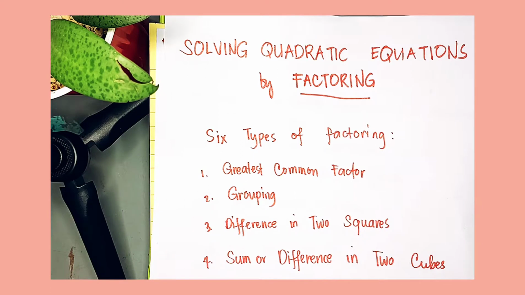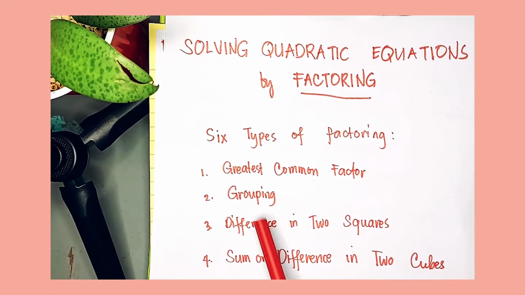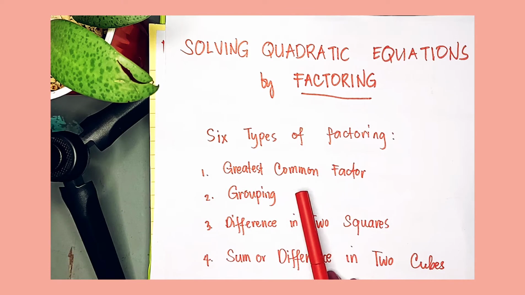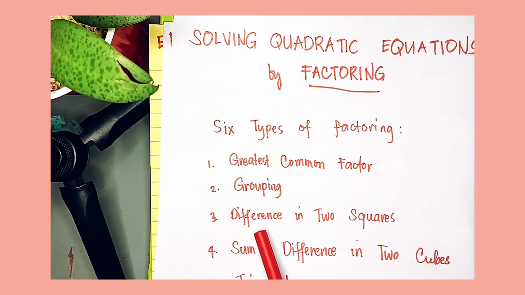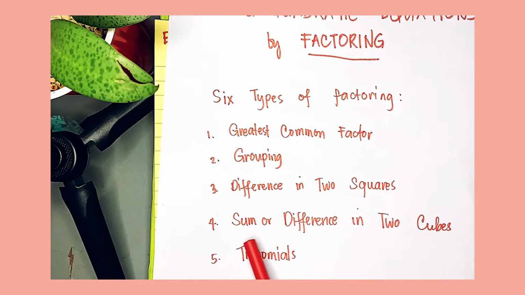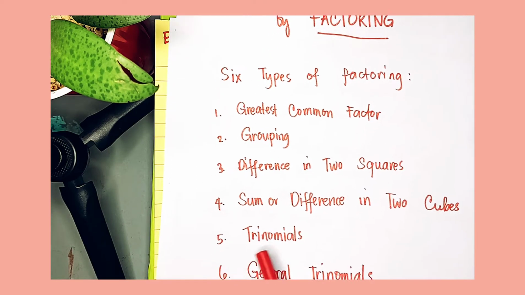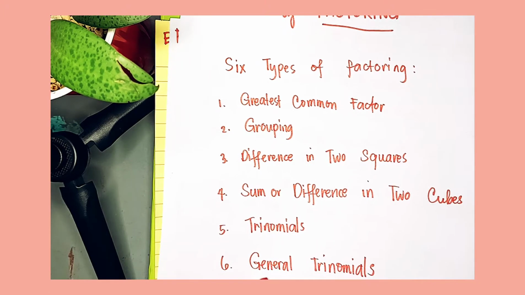Now, there are actually 6 types of factoring. We have the greatest common factor, factoring by grouping, factoring by finding the difference of two squares, factoring by the sum or difference of two cubes, factoring by trinomials, and factoring by general trinomials.